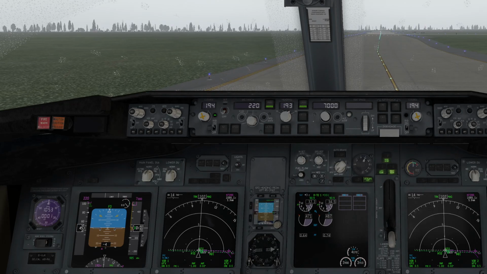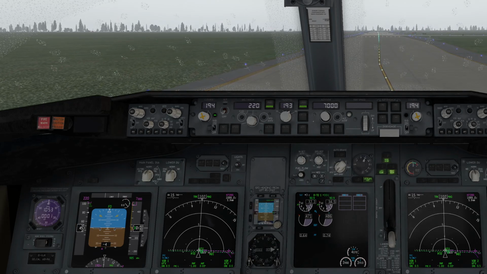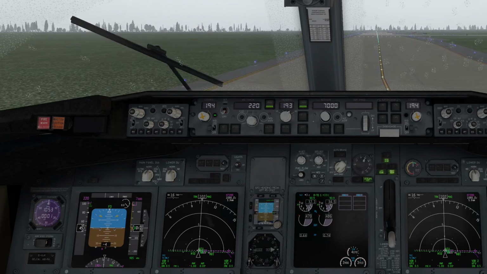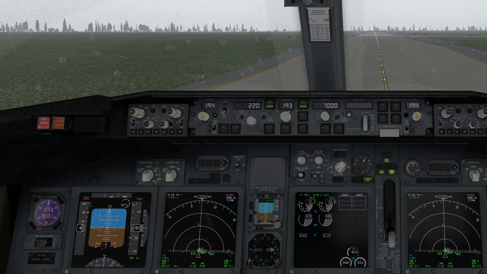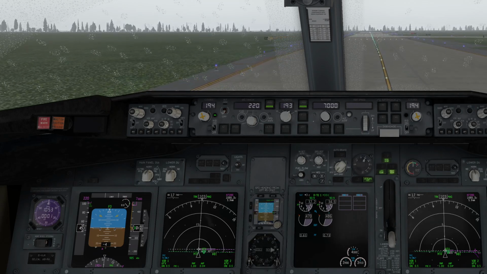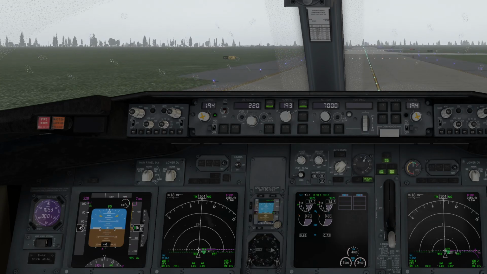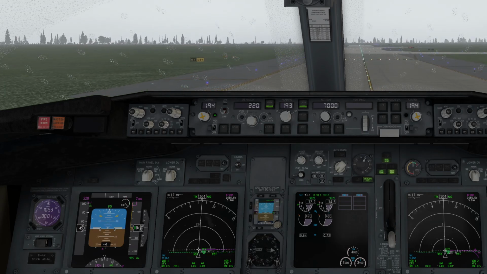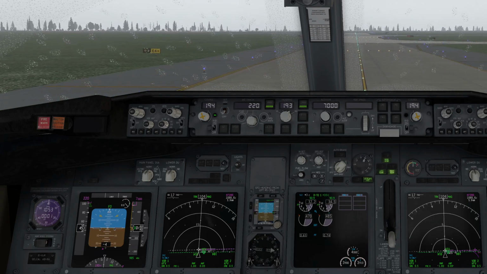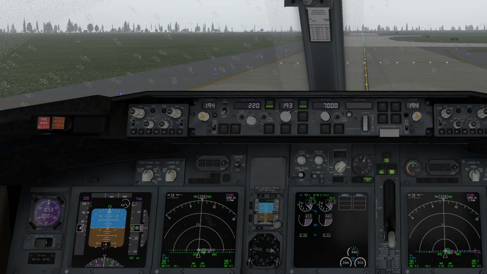There is the holding point for the runway 19R. Oops. Crossing Echo 4. And next one is the runway.